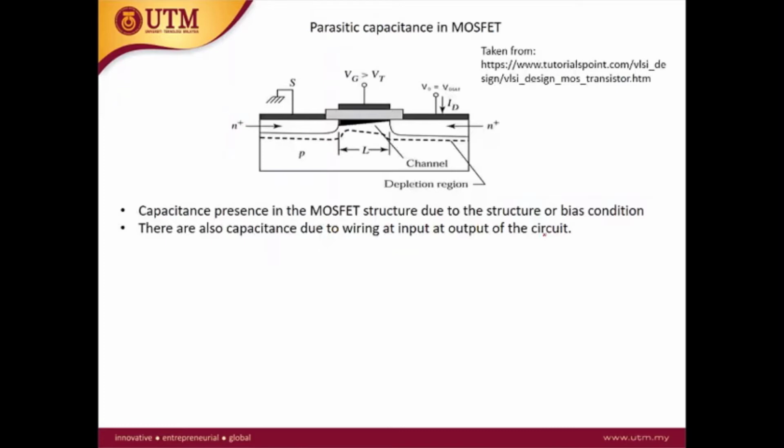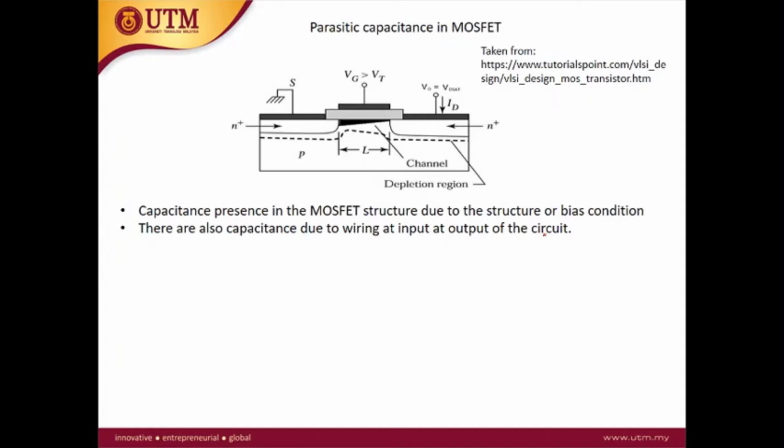Okay, so I have mentioned the parasitic capacitance. So what is parasitic capacitance? Parasitic capacitance is not a component that we put in the circuit, but it is the capacitance value that exists in the MOSFET structure.